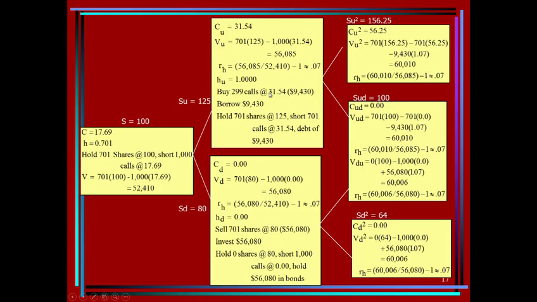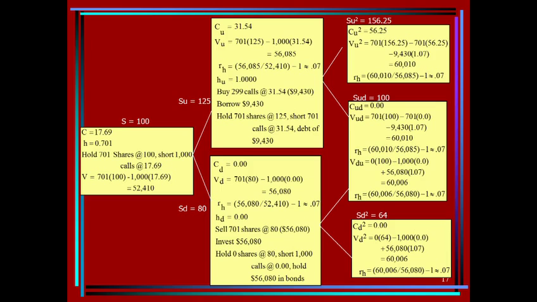In order to do that, you have two choices. You can either buy 299 shares to make it 1,000, because you have 1,000 calls, or you buy back 299 calls so that you reduce your calls to 701. You can do either one.